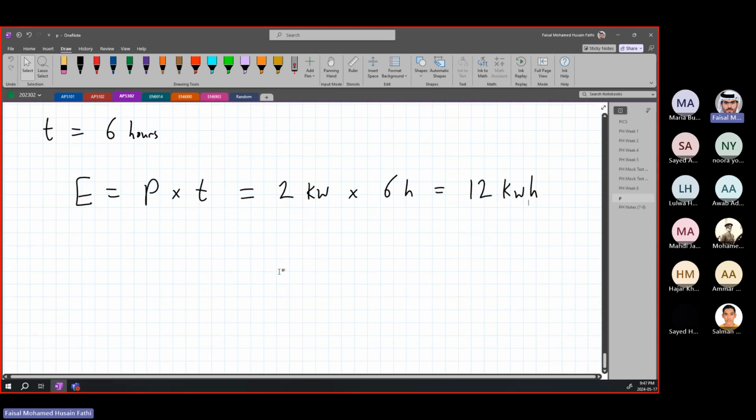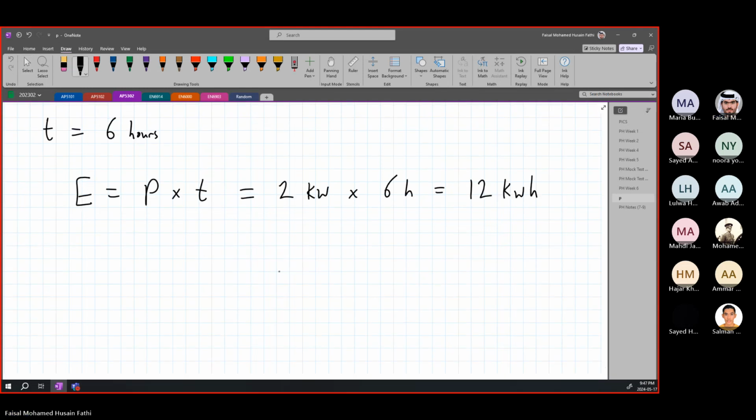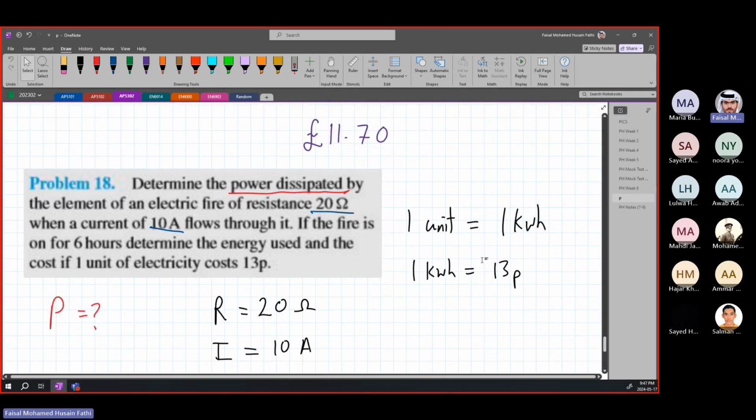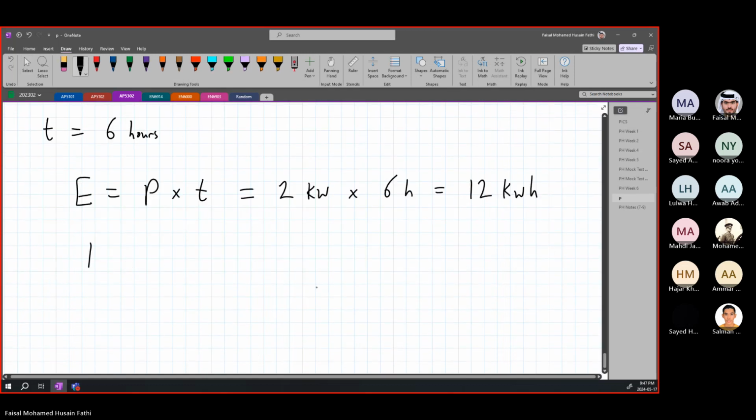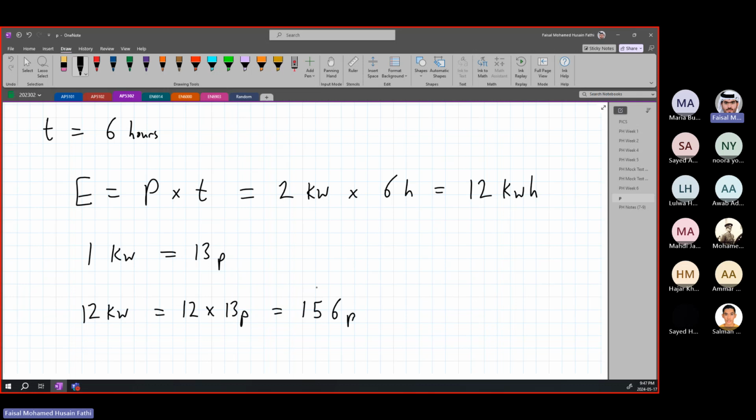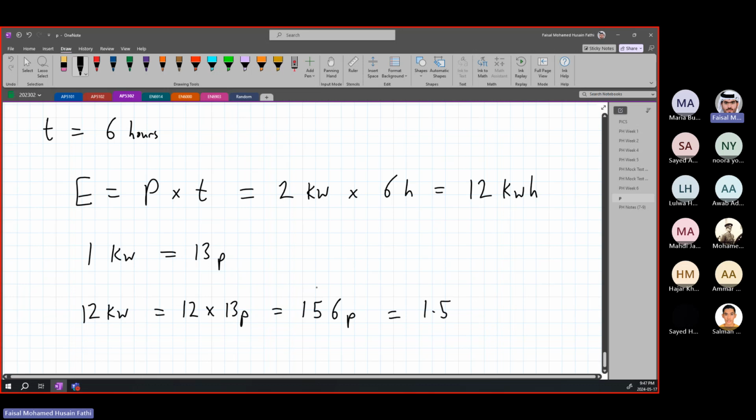All right. So we saw earlier that 1 kilowatt hour costs 13 pennies. So 12 kilowatt hours will cost 12 times 13 pennies, which is 156 pennies, or 1.56 British pounds.